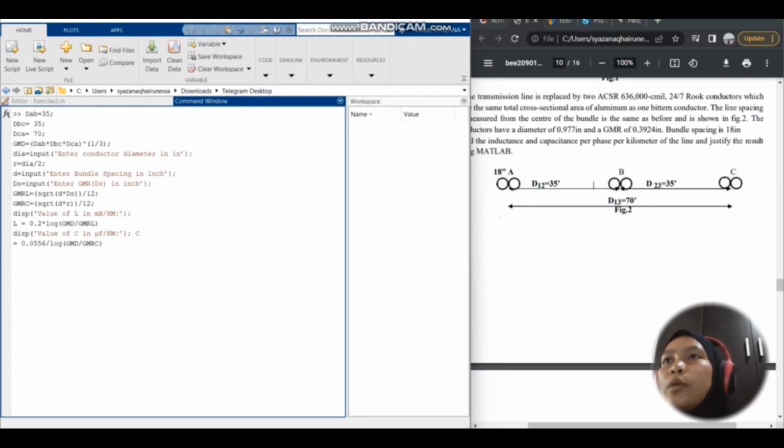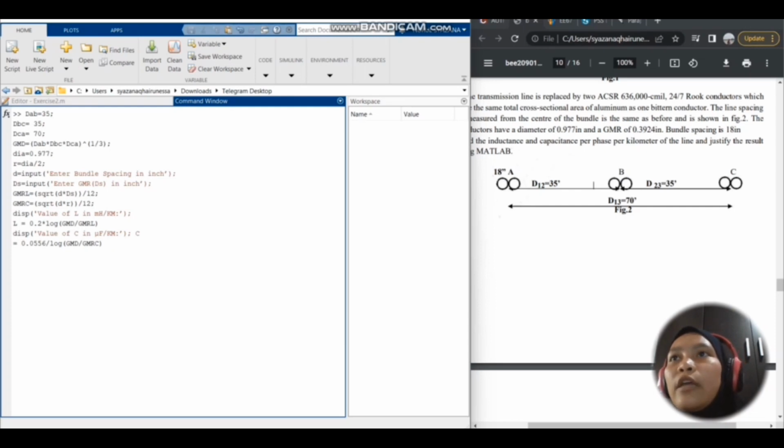And then we need to input the value of the diameter in inch. From the question, we get the value of the diameter is 0.677.